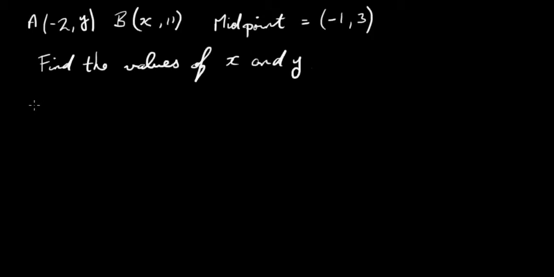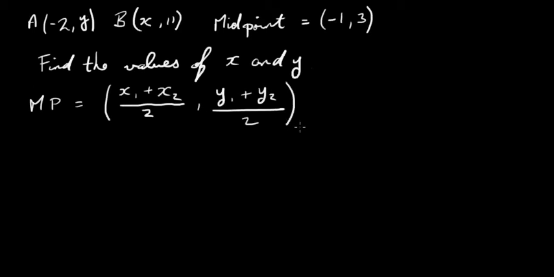So if we just write down the midpoint formula, MP is equal to (x1 plus x2 over 2, y1 plus y2 over 2). So it's the average of our x's, the average of our y's.